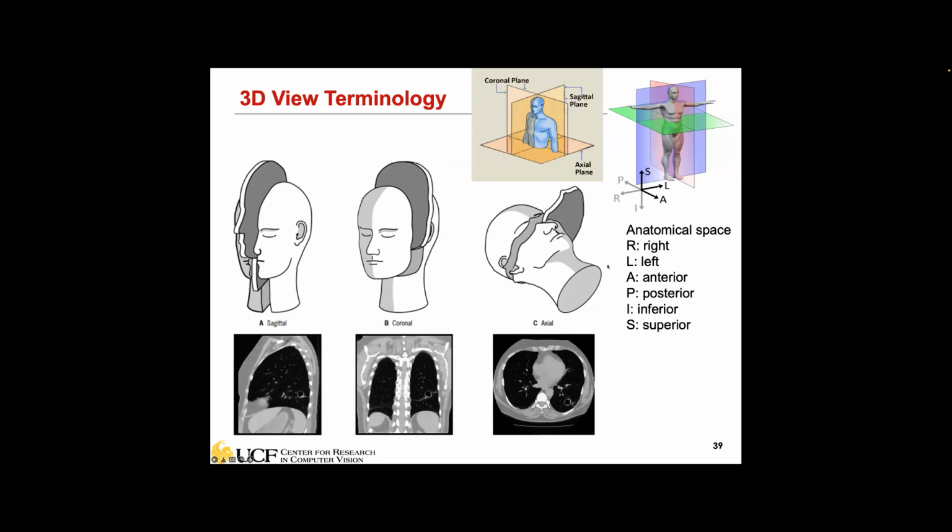I'll explain this in the next lecture when we're actually using imaging software like ITK-SNAP to visualize some of the CT or MR scans. So they have these terminologies in the anatomical space to indicate direction. Okay.